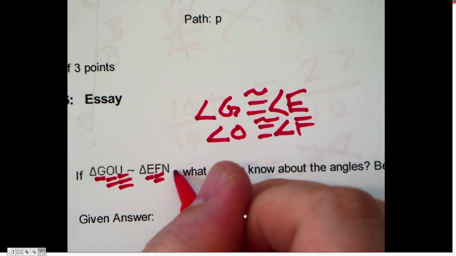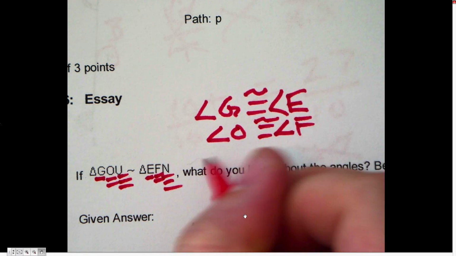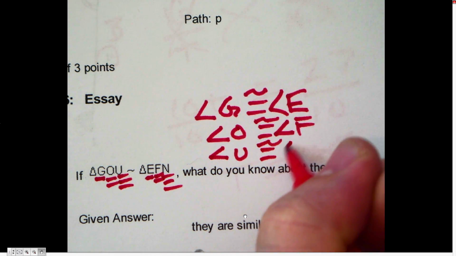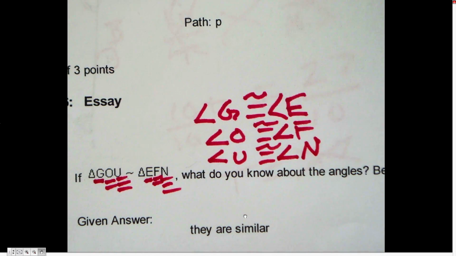And thirdly, U and N are the same. So all of those angles are going to be congruent. If they're similar triangles, they will all be congruent. There won't be any problems there.